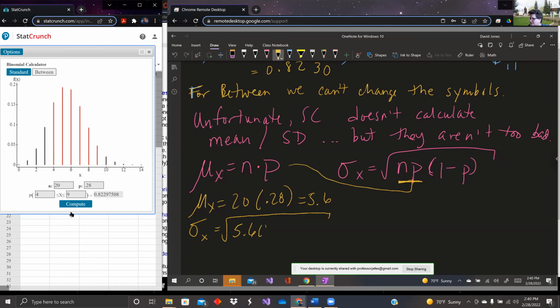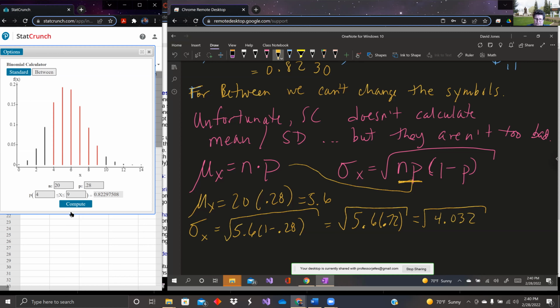And now I need 1 minus p, or 1 minus 0.28. And I made my square root sign too long, so I'm going to change that. So let's see, 1 minus 0.28 is 0.72. So I've got 5.6 times 0.72. And that is 4.032.